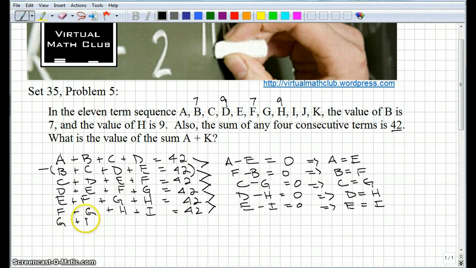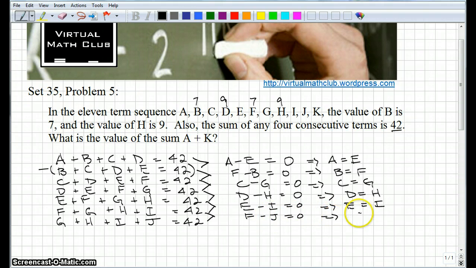G plus H plus I plus J is the next one, equal to 42. Again, we can subtract those two, and we get F minus J is equal to 0.